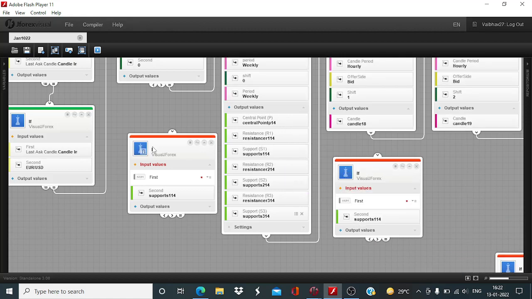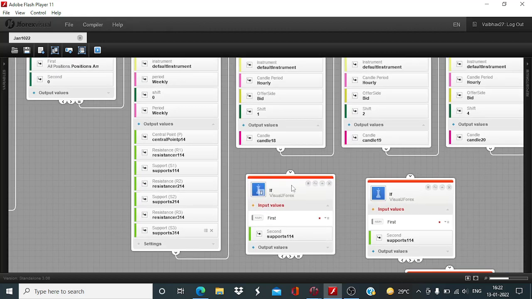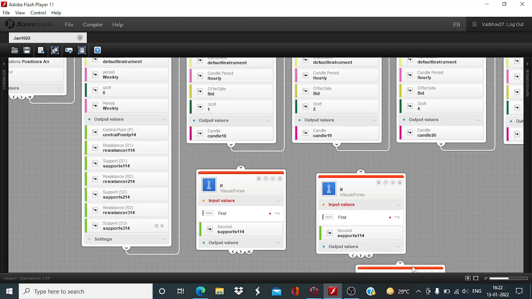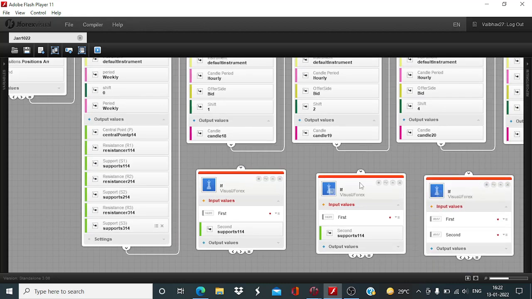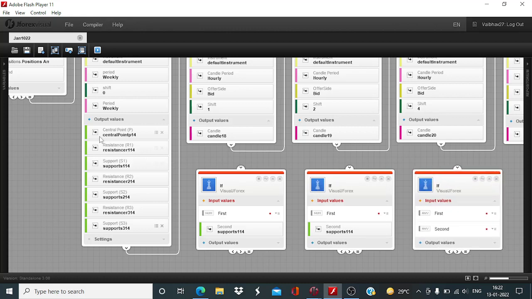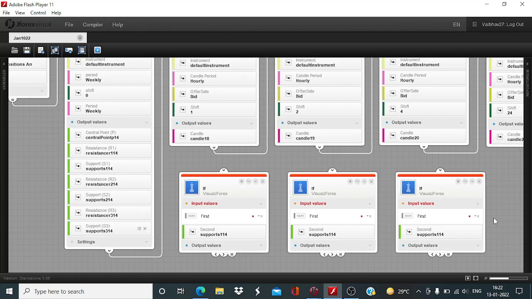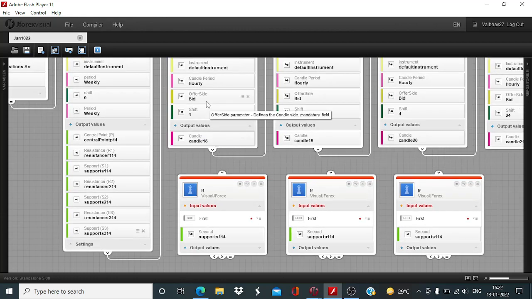And we will compare it to the closing values of hourly candles with the varying shift value. Okay, we need the last hourly candle close to be greater than the support 114.